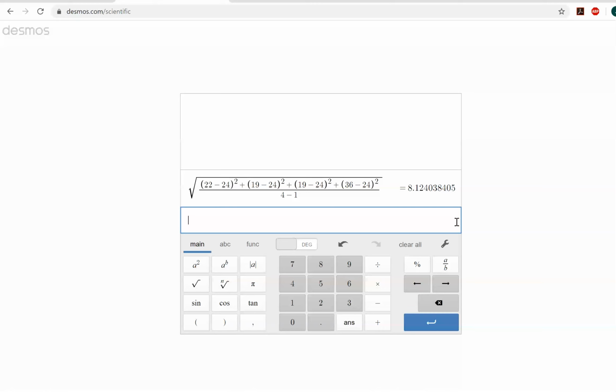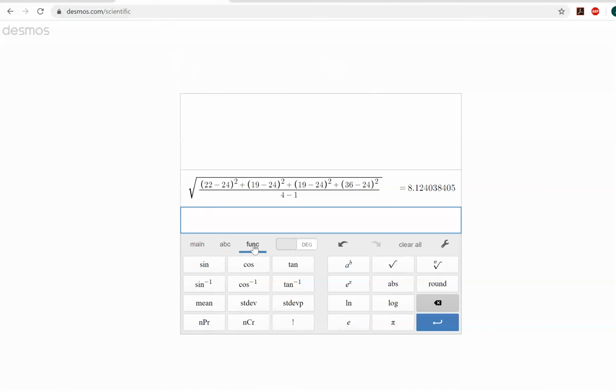But what's nice about the Desmos Calculator is if you see these functions here, so there's main, ABC, and then function. If we go over to function, what you'll see underneath the trigonometry is mean and standard deviation. So if you're doing lots of problems and just need to get the calculation, that's totally fine by me. I like to show the formula and show you how it works because I think it helps in terms of interpretation and seeing that it's this average distance away from the mean.